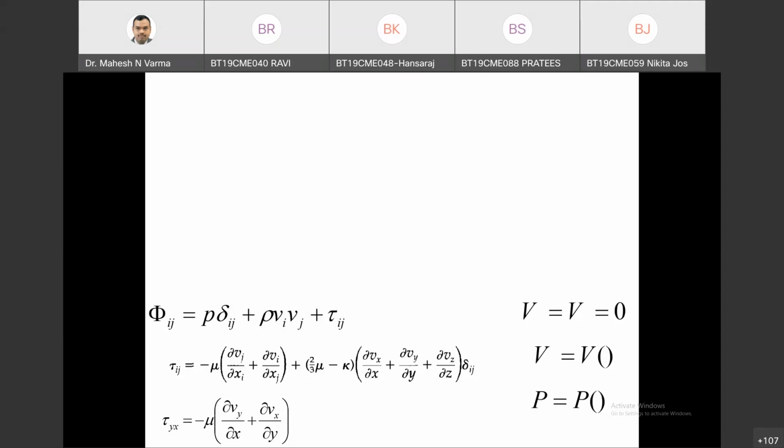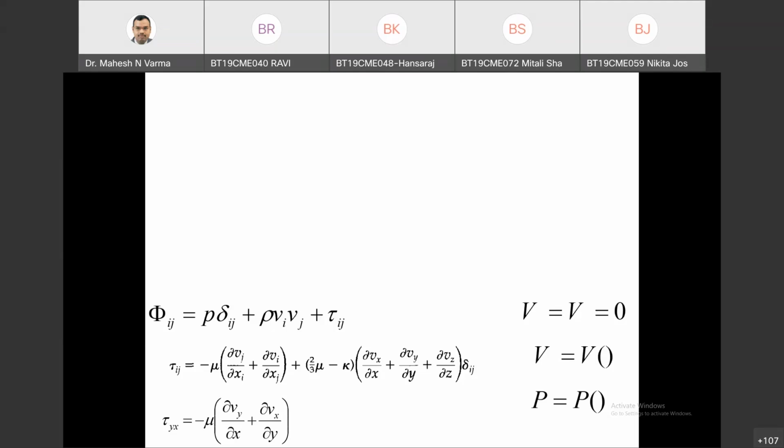Roll number 72, Mitali. Which coordinate system will you use here? Sir, the cylindrical coordinate system. This is flow through pipes, and a pipe looks like a cylinder, so cylindrical coordinates will be suitable to solve this problem.